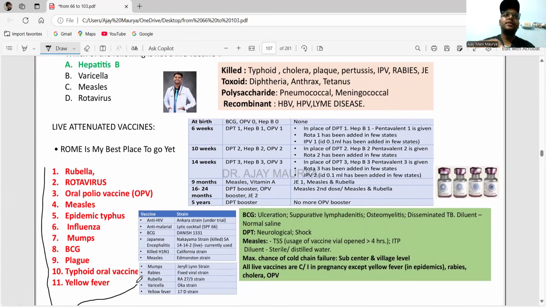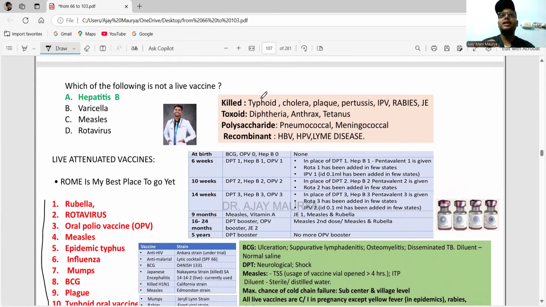So this is the live vaccines. And the killed ones: typhoid, cholera, plague, pertussis, IPV, rabies, and Japanese encephalitis.